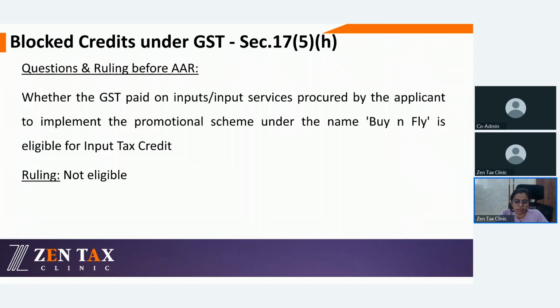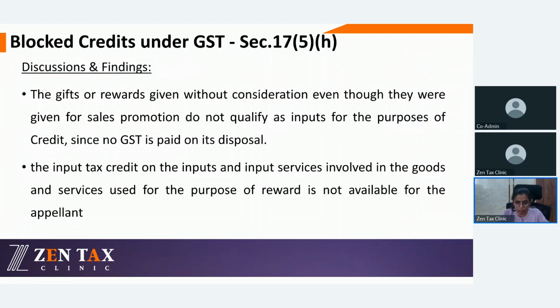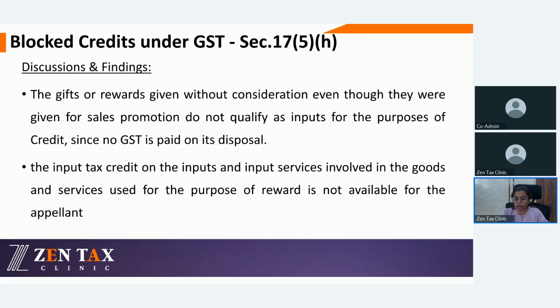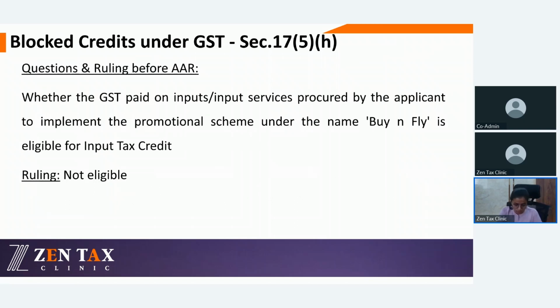In that case, the AR came out that ITC is not eligible. So they went on appeal before the appellate advance ruling authority, and there they put forth their point. They said that the advance ruling authority had completely ignored that it is purely a contractual agreement.